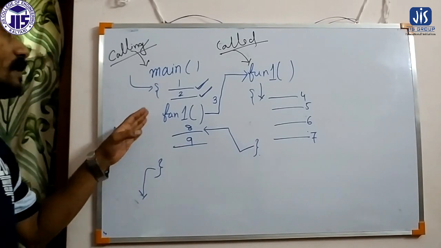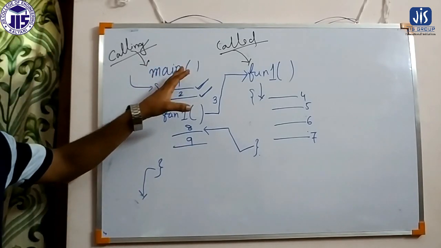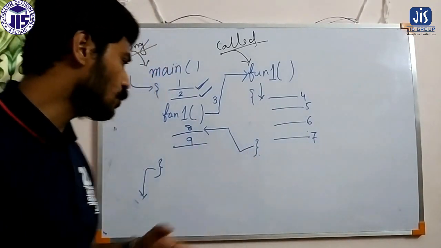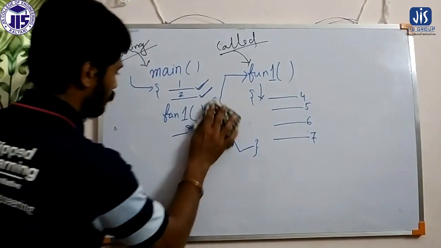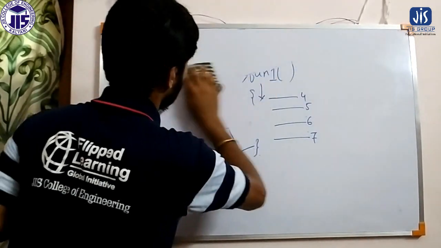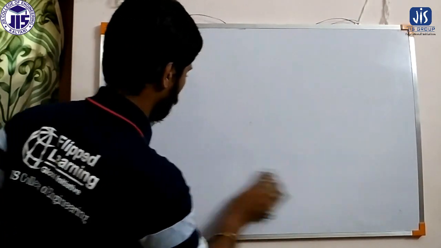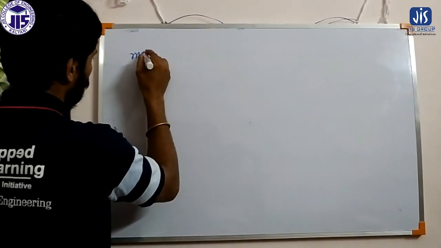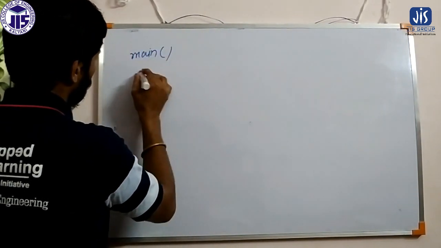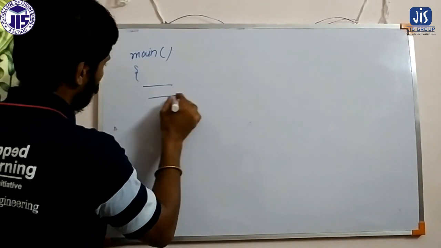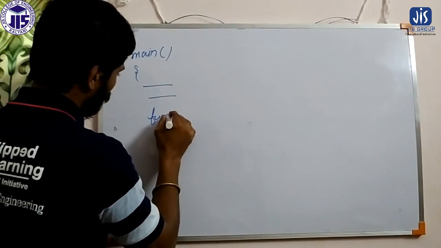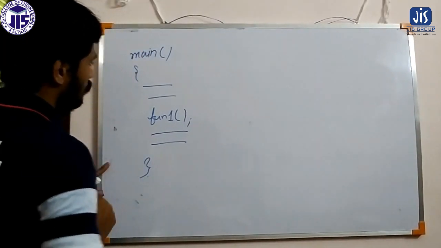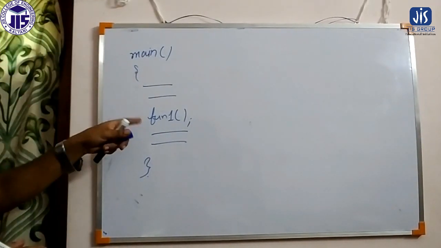Now, not necessarily do we always have to call a function from main. We can call a function from another function also. That I will show. You can see from main here I am calling function 1.